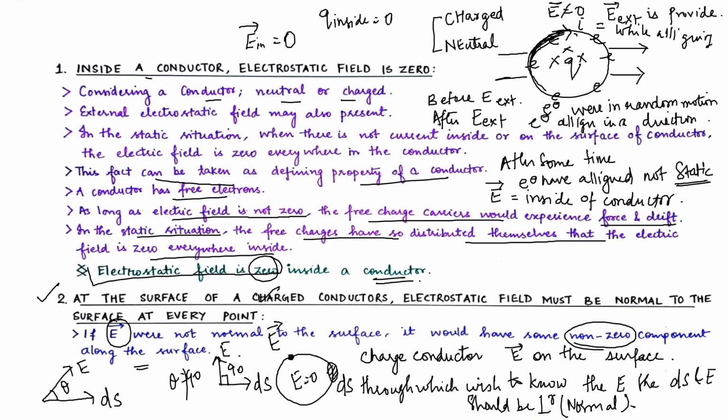For any vector at a particular angle, we divide the vector into two components, one along the surface and one perpendicular to the surface. One will give us the E sin theta component and the other will give us the E cos theta component. So if our electric field is not at 90 degrees but at some other angle, then it will give a non-zero component along the surface.